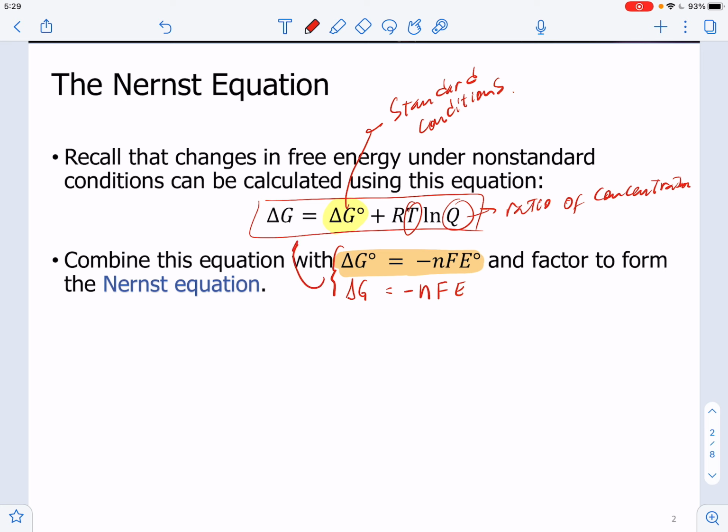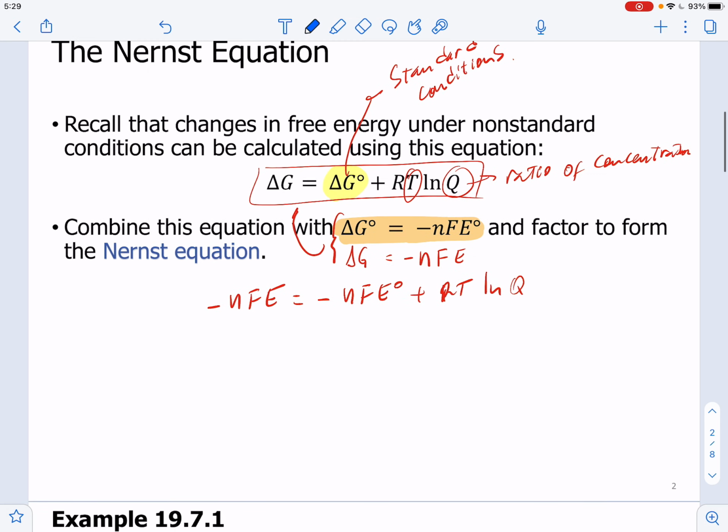If we replace delta G with the corresponding expression, we will have minus nFE is going to be equal to minus nFE standard plus RT logarithm of Q. But what we're going to do now is divide both sides of the equation by minus nF, the whole thing, minus nF.